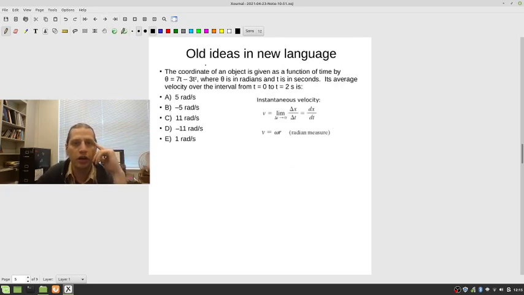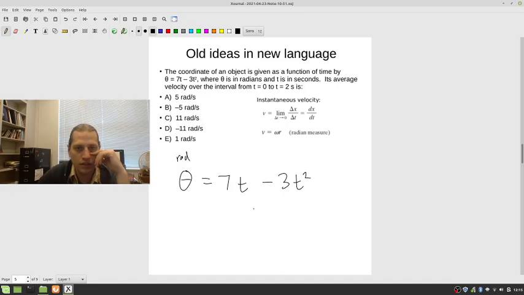So, okay, here we go. It says the coordinate of an object is given as a function of time by theta equals 7t minus 3t squared, where theta is in radians and t is in seconds. So this would be seconds, this would be seconds squared.